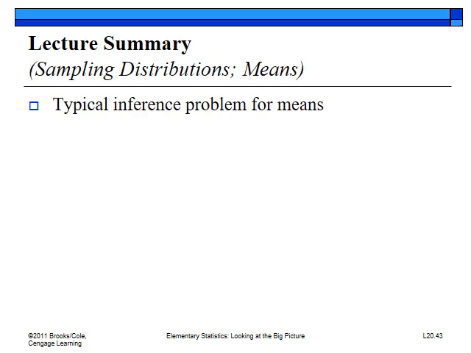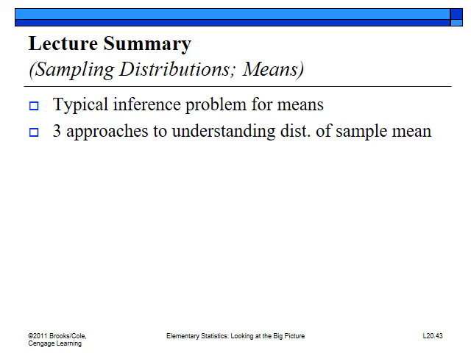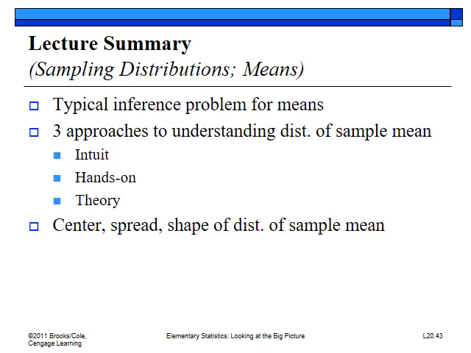So to sum up, we talked about what a typical problem is going to look like when we're doing inference for sample means. We looked at several different ways of understanding the way that sample means are distributed, intuitively, with an experiment, and theoretical. We talked about the center, spread, and shape of the distribution of the sample mean. We talked about applications of the empirical rule for sample means.